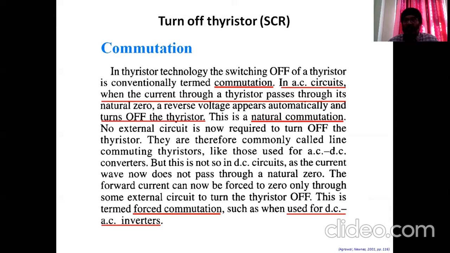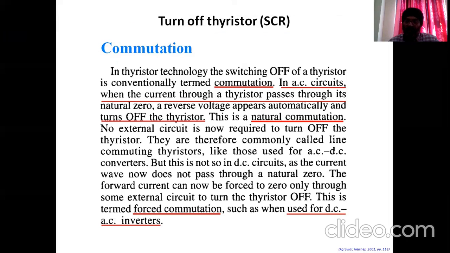It happens naturally. But in DC, we do not have alternate half cycles. So in that case, we have to turn off this SCR forcefully. So we need to design a special circuit, an external circuit, which can cause the turning off of this SCR.